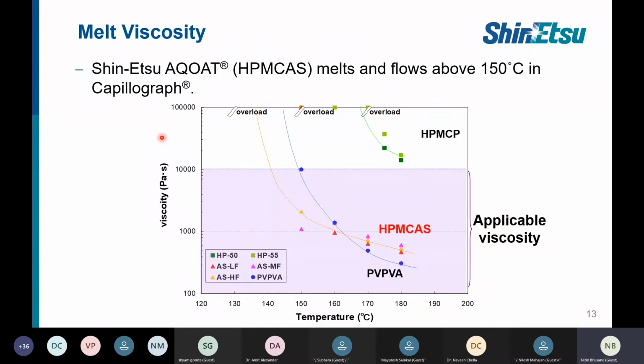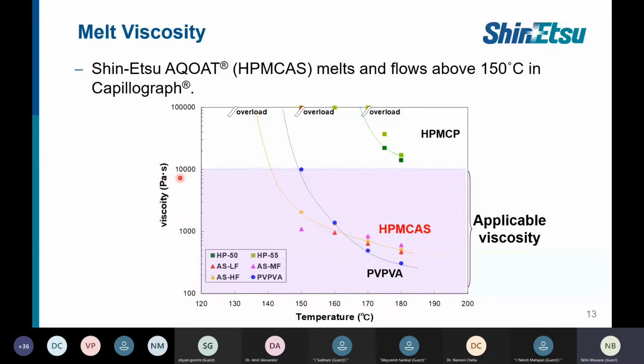It has a Tg somewhere close to 150, but still we are promoting HPMC acetate succinate only for the solid dispersion. Things to be considered: if you're performing any HME approach using a polymer, generally you target the melt viscosity within the range of around 1000 to 10,000.